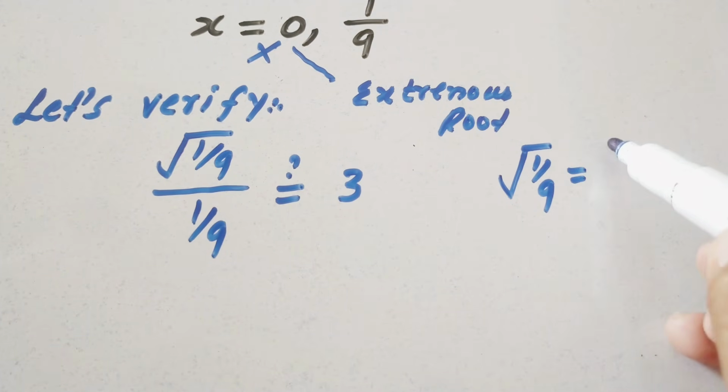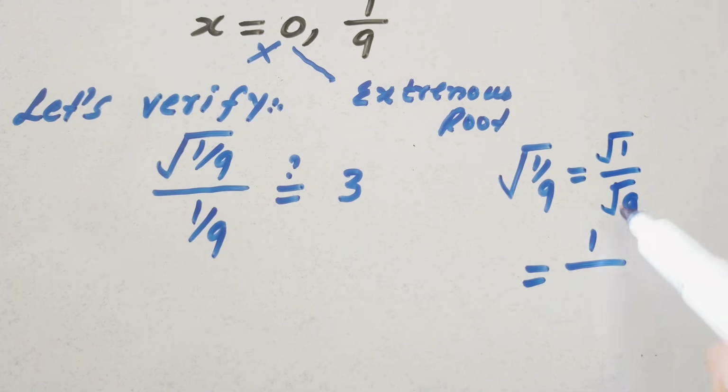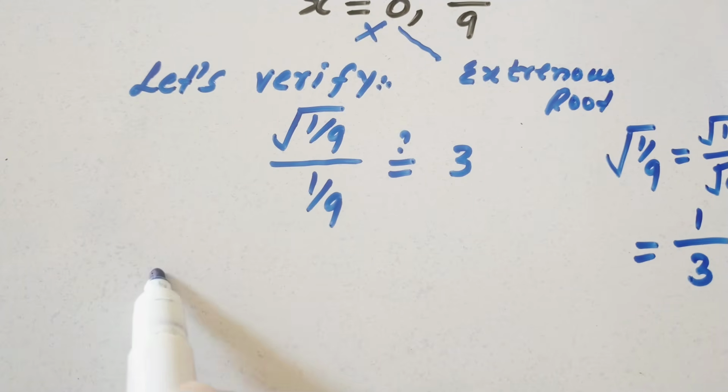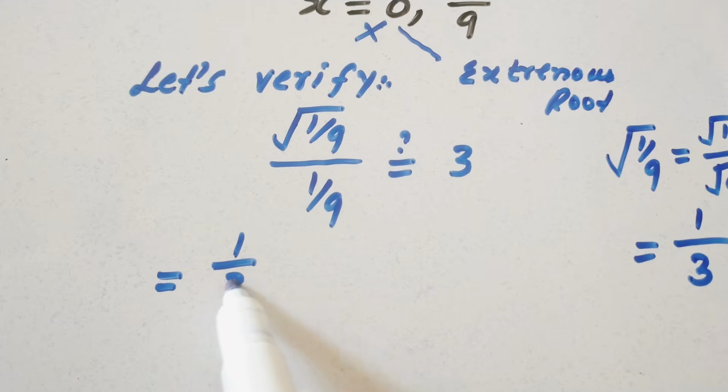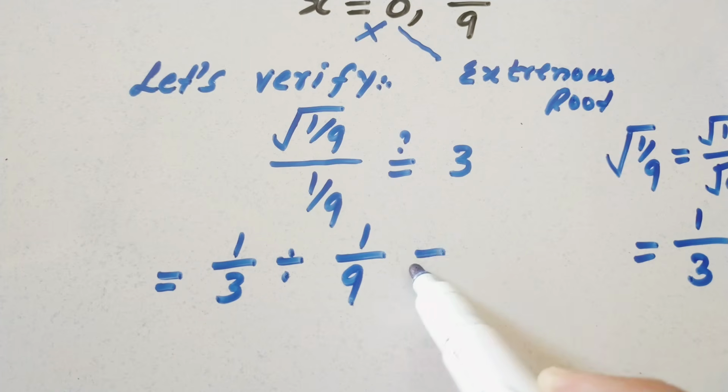This is square root of 1 divided by square root of 9. Then square root of 1 is equal to 1 and square root of 9 is equal to 3. So we will write 1 by 3 in place of square root of 1 by 9, divided by 1 by 9, is equal to 3 or not.